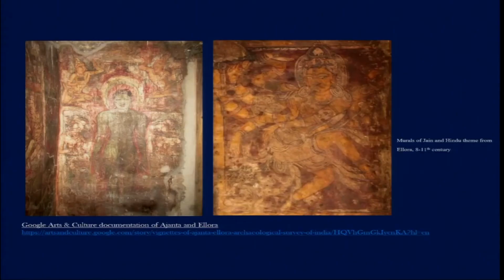So these are some of the iconographical conventions that were already established, and those signs are also carried forward in the murals in Ellora. The dating of these murals, the ones we have on screen, is probably between the 8th to 11th century AD.